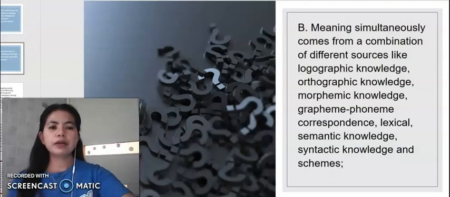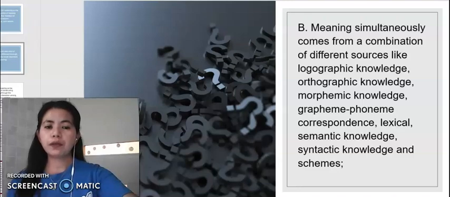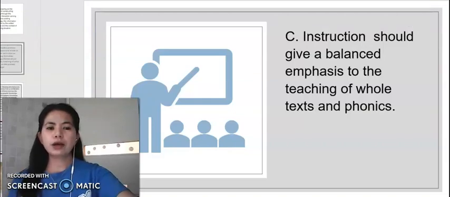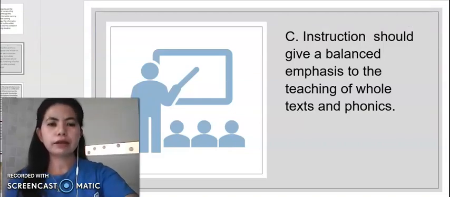The meaning simultaneously comes from a combination of different sources like logographic knowledge, orthographic knowledge, morphemic knowledge, grapheme-phoneme correspondence or the letter-sound correspondence, lexical, semantic knowledge, syntactic knowledge, and schemas. Instruction should give a balanced emphasis to the teaching of whole text and phonics.